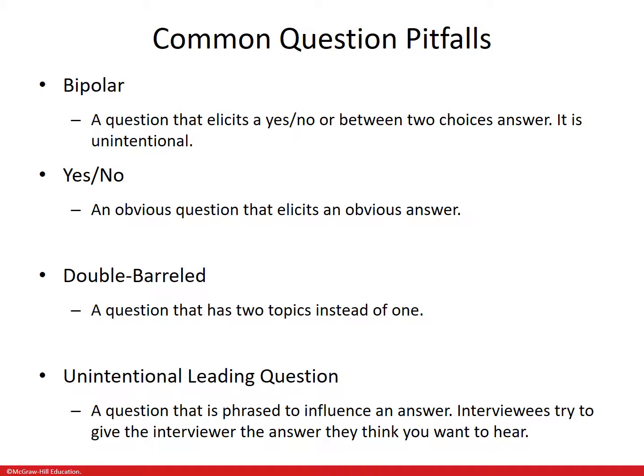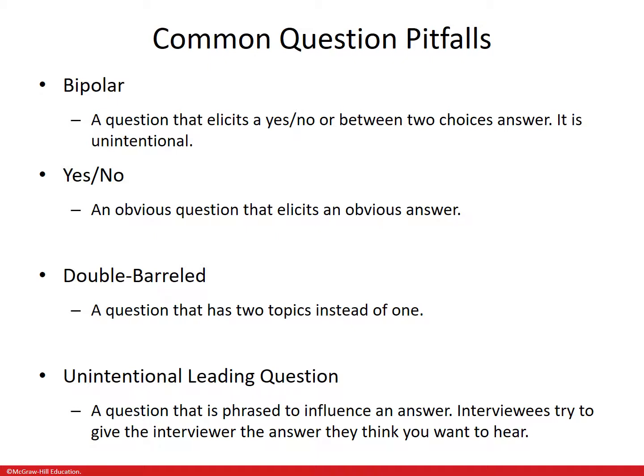So we've talked about different types of questions and what they are and what kind of information they elicit. Let's look at common question pitfalls, because we're all subject to these when we write a question or we ask follow-up questions. And the more you interview people, the more skilled you get at avoiding these kinds of questions.